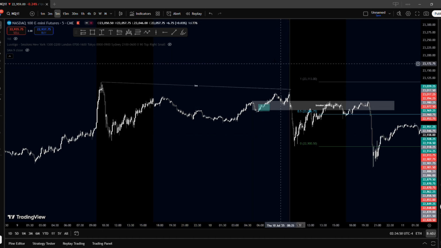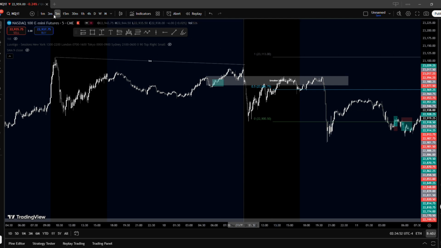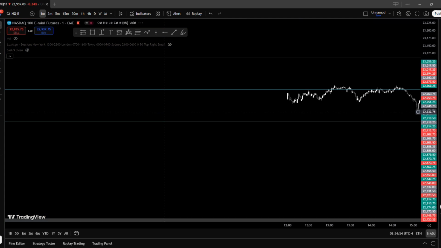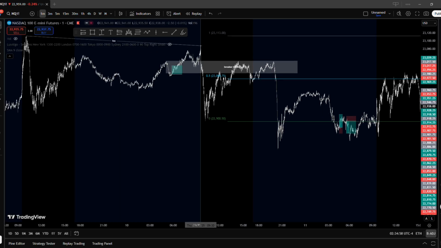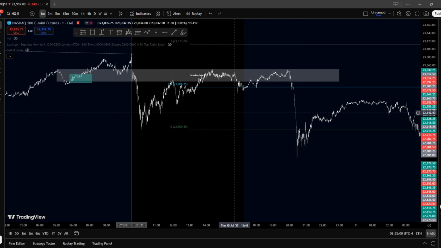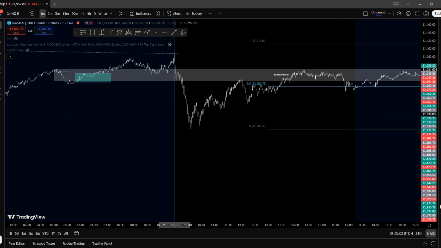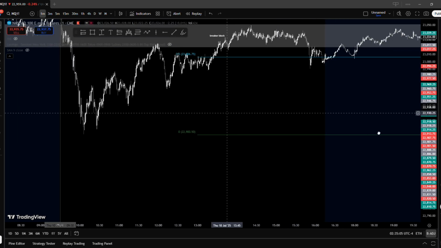When we look for entry here on the 1-minute time frame, you would get a good entry, or if you don't get an entry, you can look for a retracement entry also.